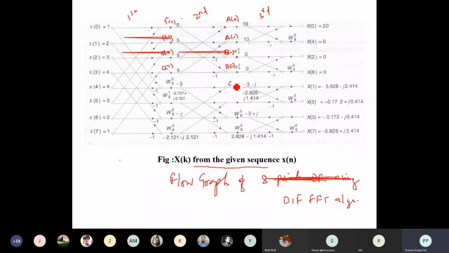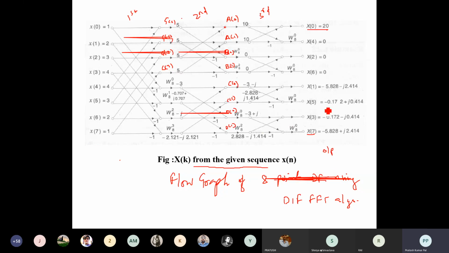Similarly, we will be getting C0, C1, D0 and D1. Once we have got these values, we will use them further to get X0 up to X7. So in case of DIF FFT algorithms, the bit reversal will be at the output side.